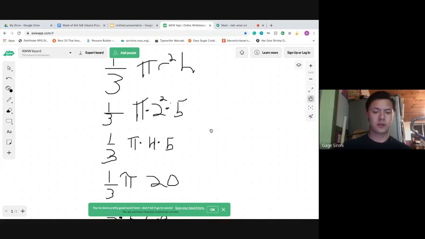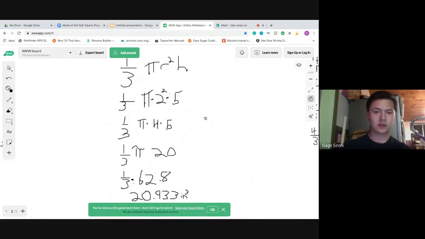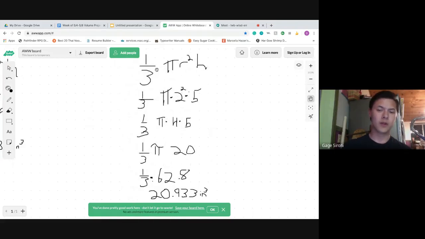Over here, we have our cone volume, 1/3 pi r squared h. Again, it's really similar to the formula for the volume of a cylinder, except a cone has 1/3 the volume of an equivalent sized cylinder with the same height and radius. And based on the drawing, my cone has a radius of 2 and a height of 5.